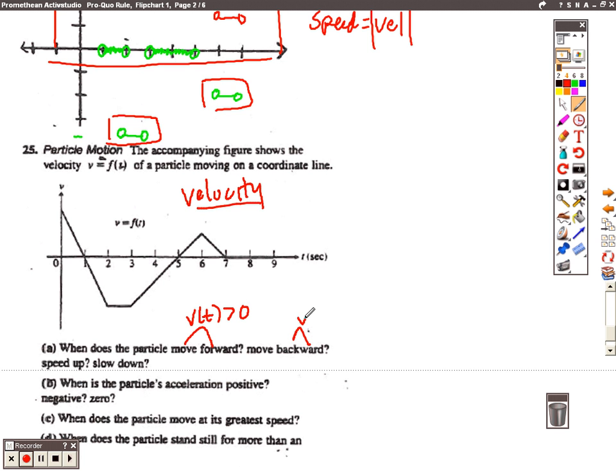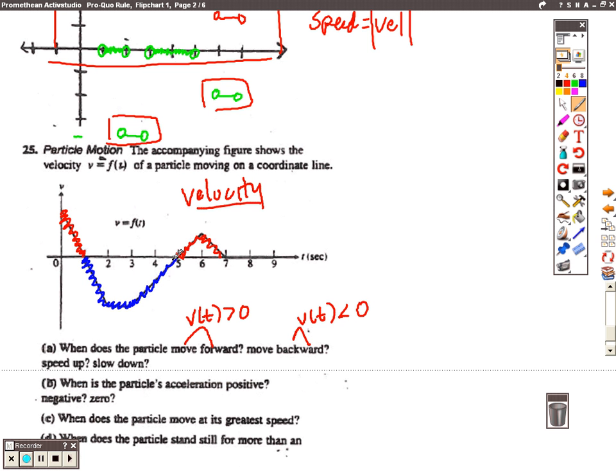Whenever velocity is negative, the particle moves backwards. So I'm going to highlight in red when the particle is moving forward, velocity positive. I'm going to highlight in blue when the particle is moving backwards, velocity negative. So whenever the velocity is negative, the particle is moving to the left.